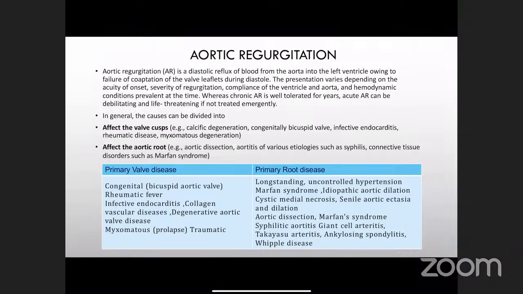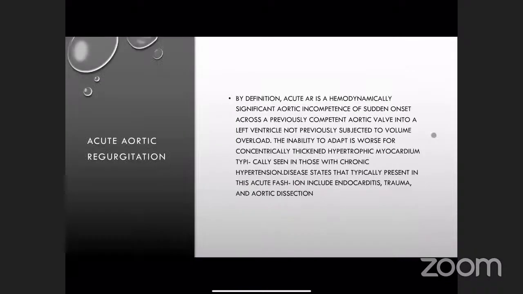As we said, primary valve disease could be congenital, rheumatic heart disease, infective endocarditis, collagen vascular disease, degenerative aortic valve, myxomatous prolapse, or traumatic. Primary root causes include uncontrolled hypertension, Marfan syndrome, idiopathic aortic dilatation, aortic dissections, septic aortitis, giant cell arteritis, Takayasu arteritis, ankylosing spondylitis, and Behçet disease.